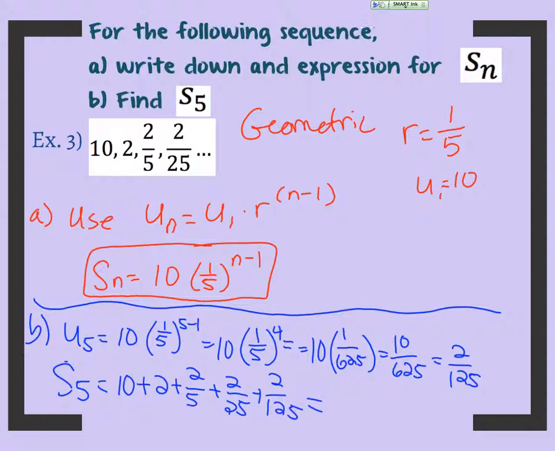So it's the first term, second term, third term, fourth term, and fifth term all added together. And yes, it's possible to get common denominators and do this all by hand, but I'm going to recommend that you use the calculator for that. So I get 1,562 over 125, or about 12.5.